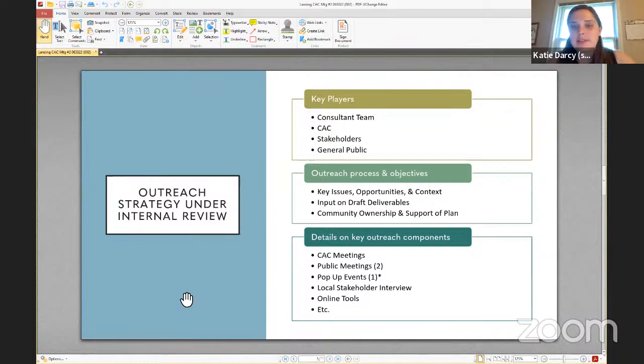So yeah, this document is basically outlining who's going to be involved, what the purpose of the involvement is, and how exactly that's going to be accomplished through these various components. For our outreach process and our objectives, obviously we want to distill key issues. We want to identify opportunities for conservation, whether it's through public-private partnerships or potential review processes.